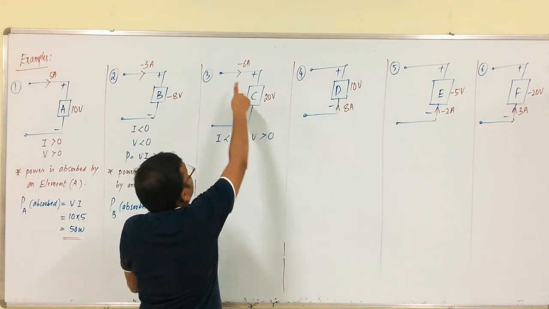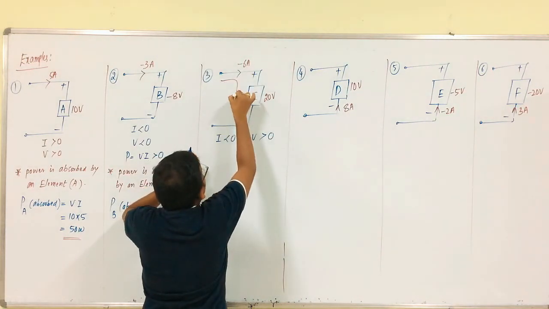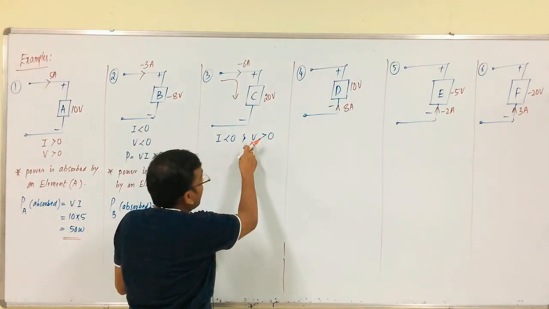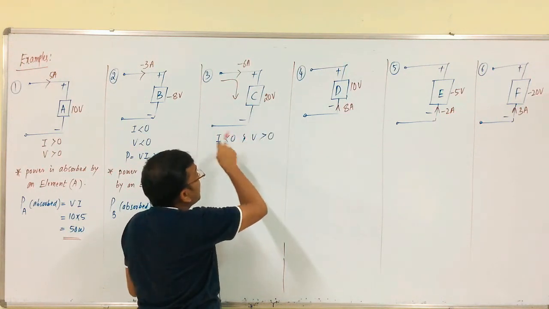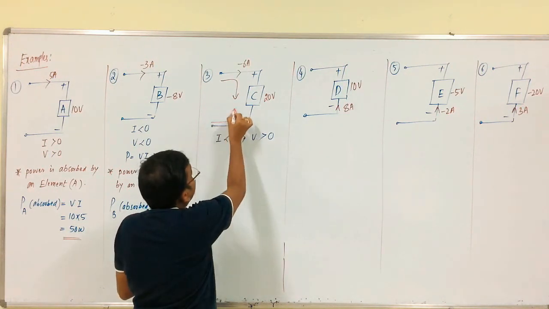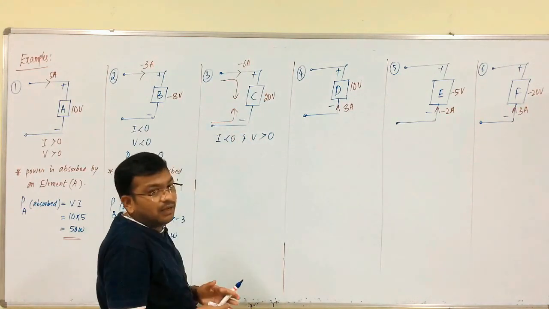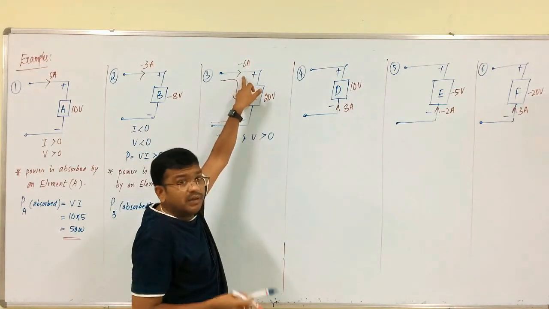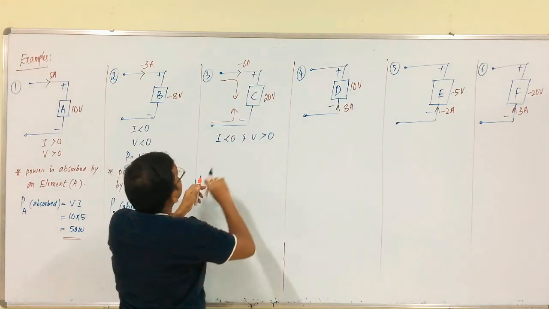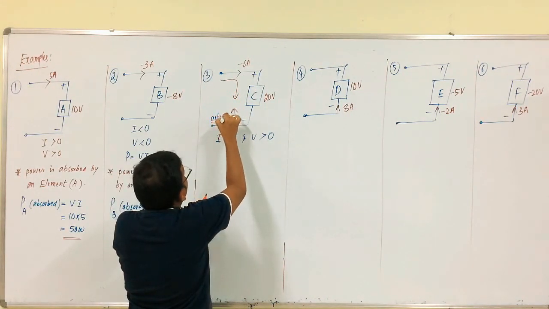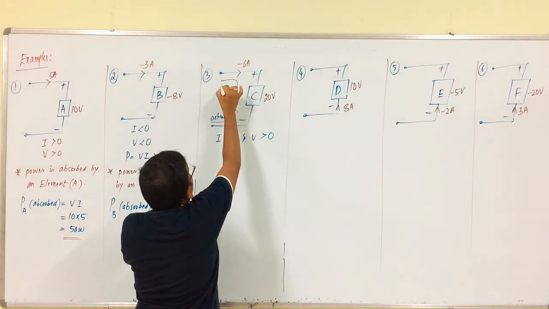The given current direction is like this, but see the polarity of voltage, that is positive. Therefore, the actual current direction is like this, because we have a negative value of current. This is actual, this is given.